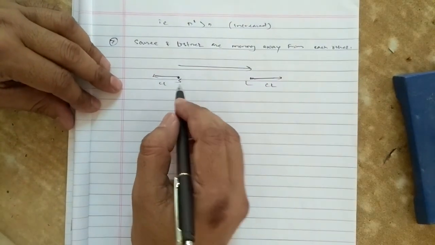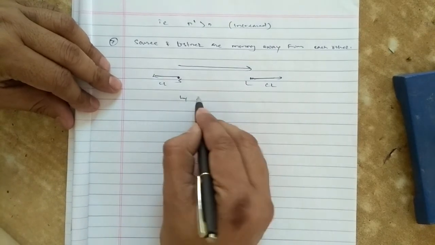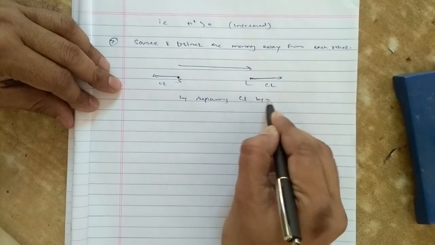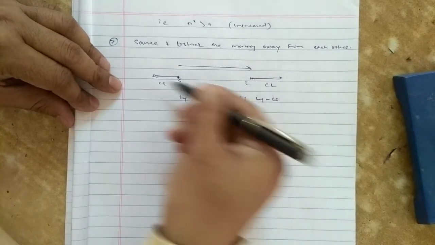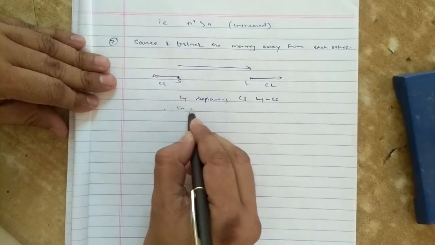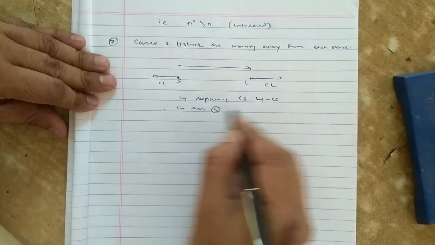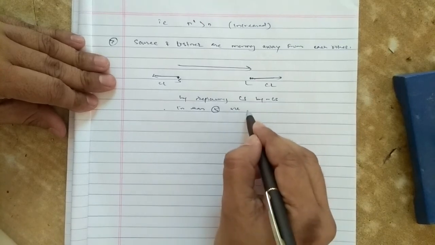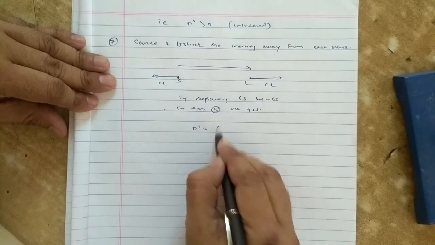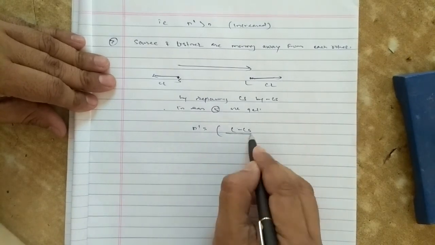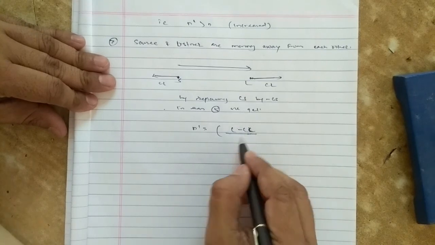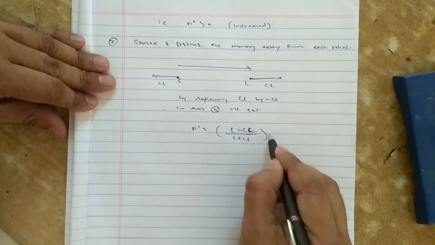Therefore, replacing Cs by minus Cs and Cl by minus Cl because they are in opposite directions, in equation 5 we get the apparent frequency n prime is equal to (C minus Cl) upon (C plus Cs) into n.